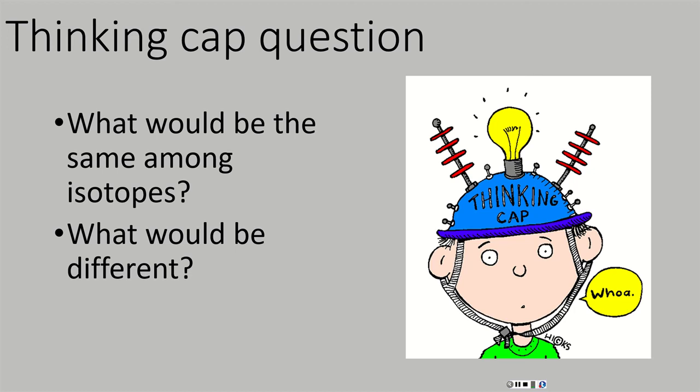Well, what would be different among hydrogen with 0 neutrons, 1 neutron, or 2 neutrons? Well, obviously the number of neutrons would be different, but also the atomic mass would be different. Hydrogen with 3 neutrons would have a greater mass than hydrogen with 0 neutrons.